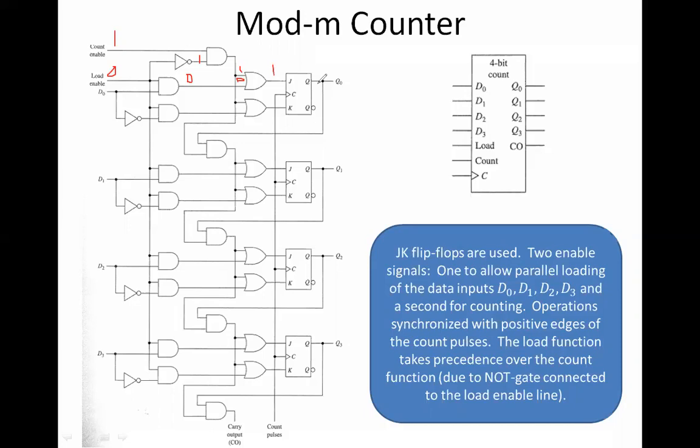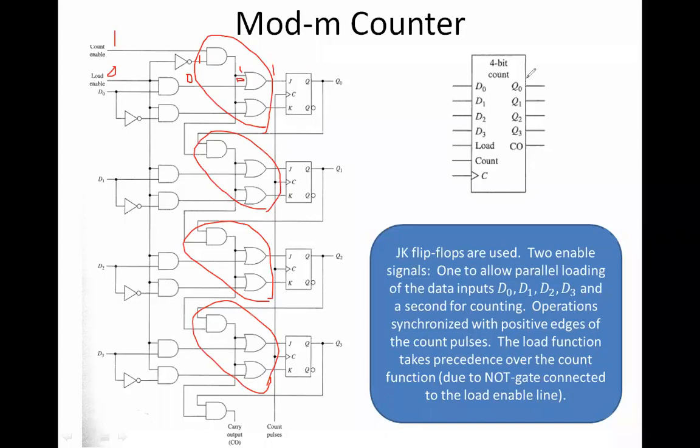So J is 1, and it will start counting. Initially 0 was there, and then 1 will come, and it will pass through your AND gate, the same thing. See this structure that you see here, it's all a replica, so the same operation is happening.